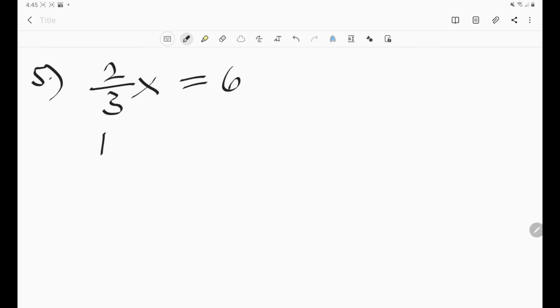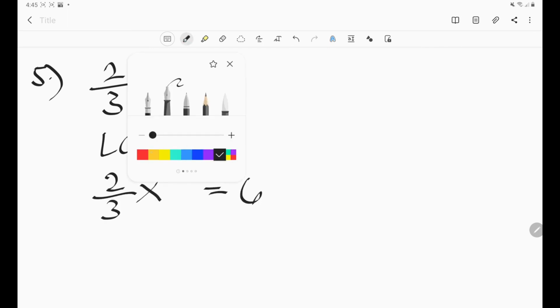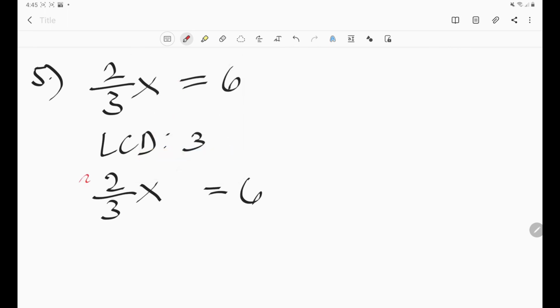So in this case, we have the LCD of 3. So we have 2 over 3 x equal to 6, and then multiply both sides by 3. Okay, so multiply this also by 3.